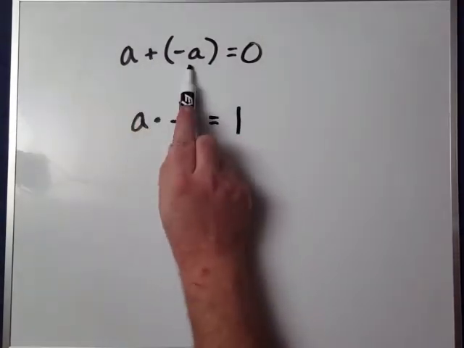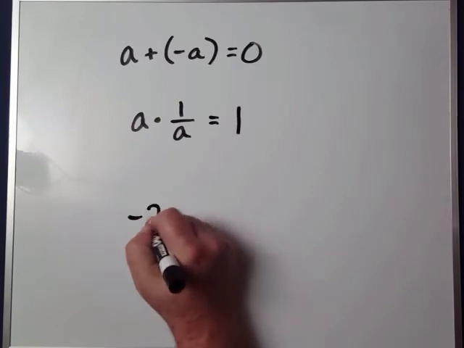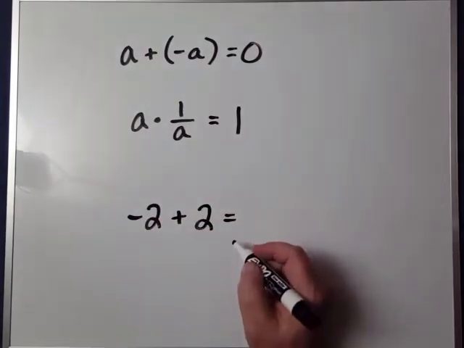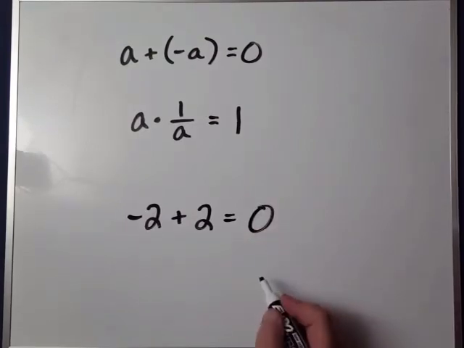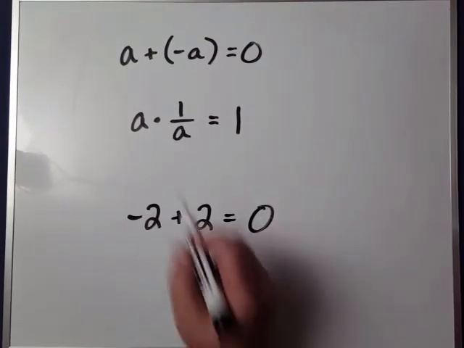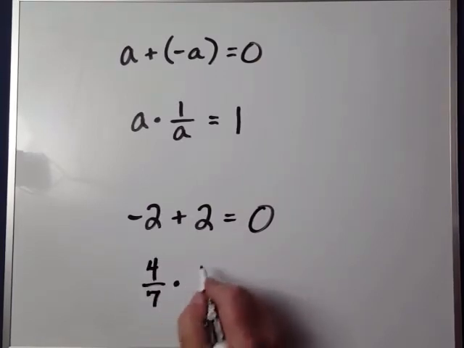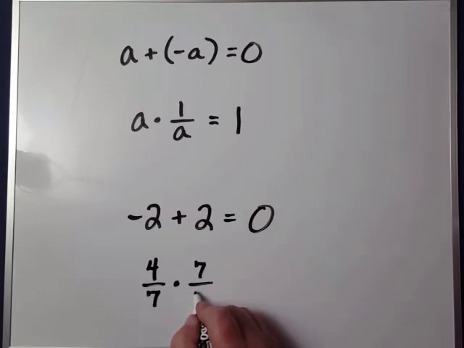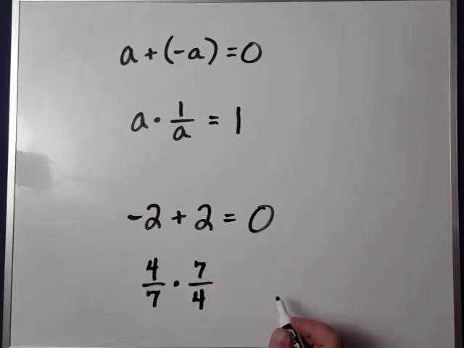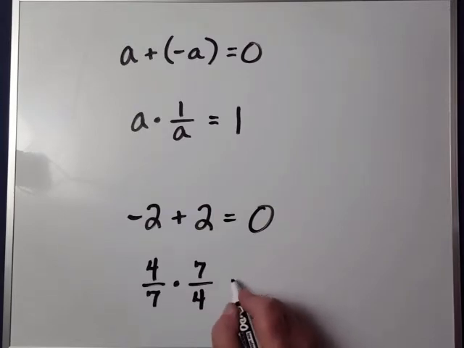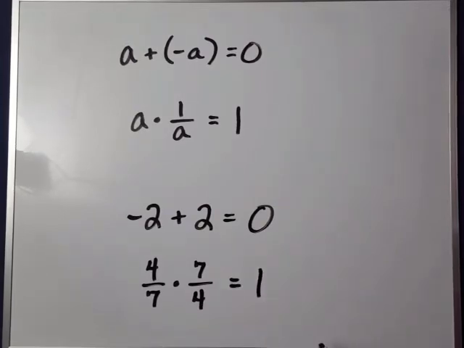That is, if you add opposites, like -2 plus 2, they cancel out, and they give you nothing. They give you 0. Or if you multiply reciprocals, look at this as multiply the tops, multiply the bottoms, you get 28 over 28. Or if you cross cancel everything, you get 1 over 1. Either way, you get 1.